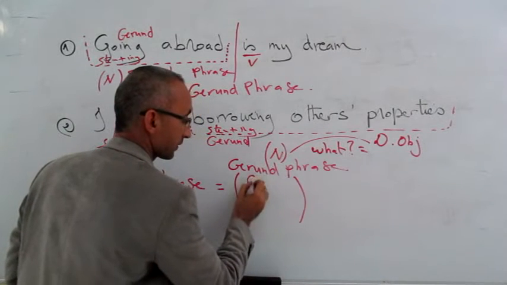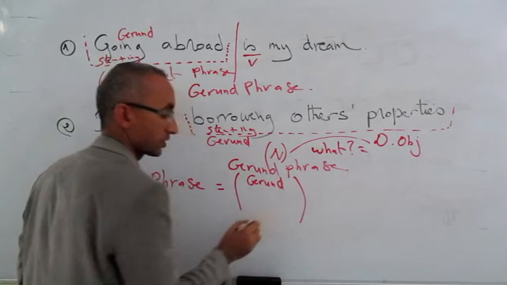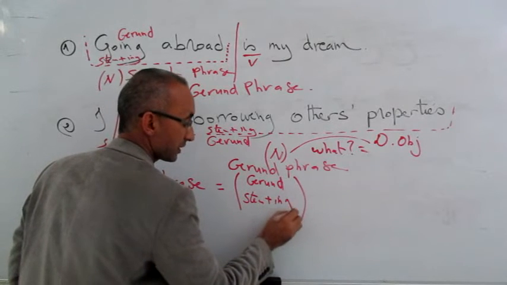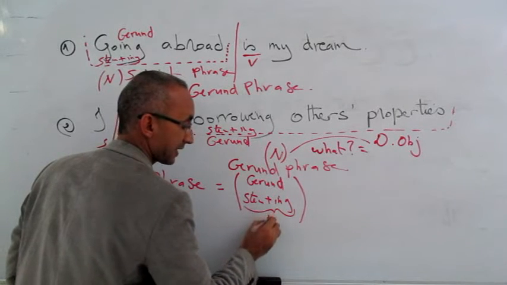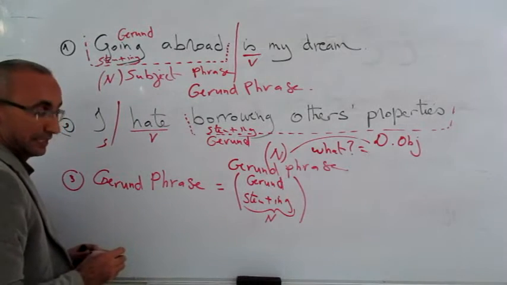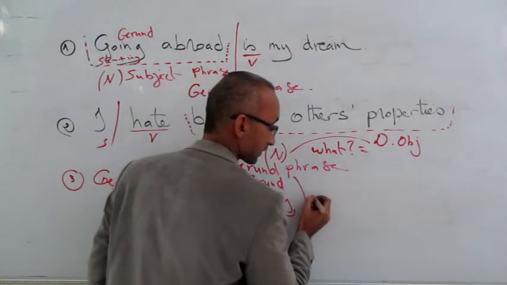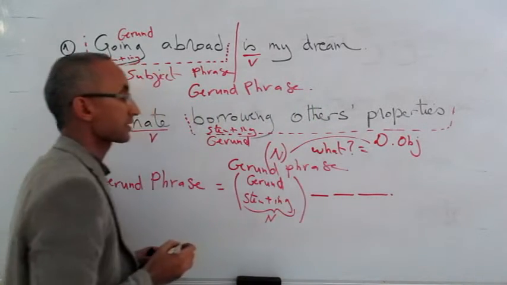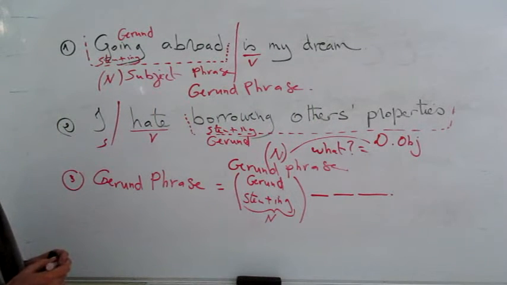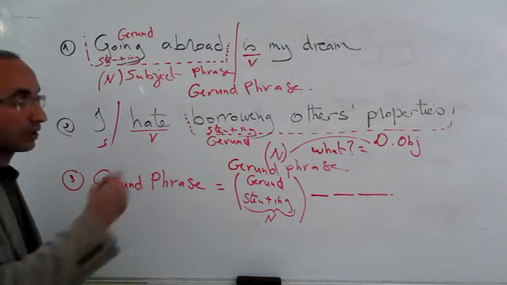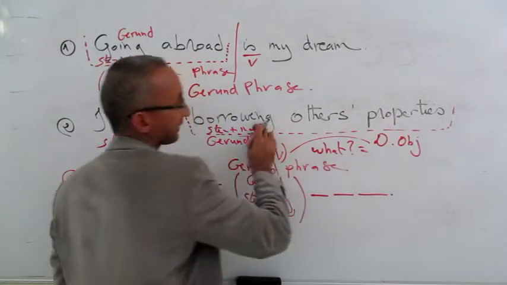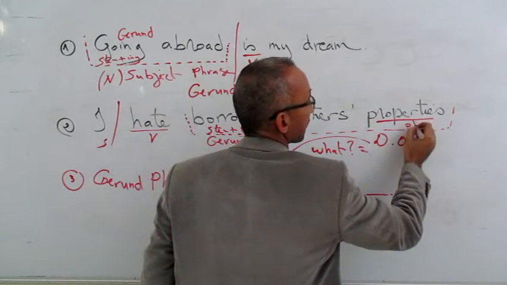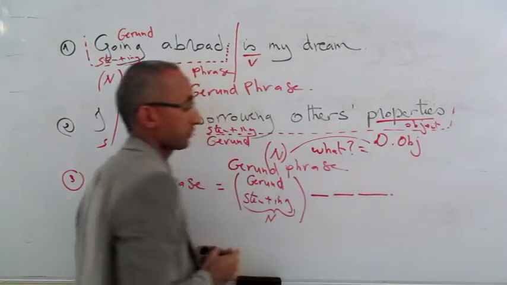It starts with a gerund, I mean stem plus ing acting as a noun, plus other words. And of course the noun which comes from the gerund can be called an object of the gerund. Clear, of the gerund.